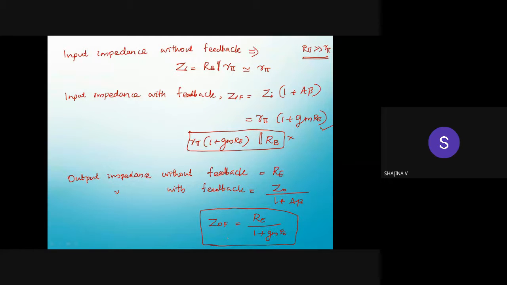Now, next example, second one, you can consider the second one, that is common emitter amplifier, a circuit you are familiar with. Common emitter amplifier without bypass capacitor.